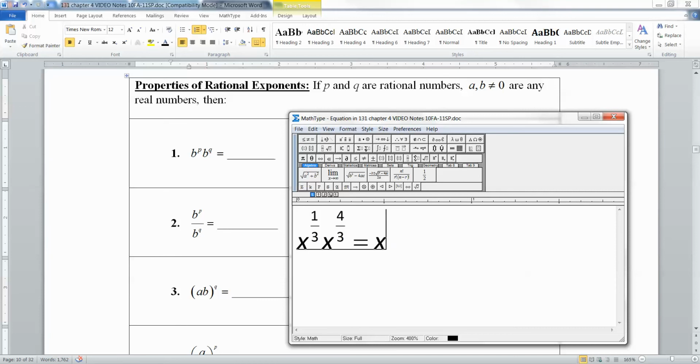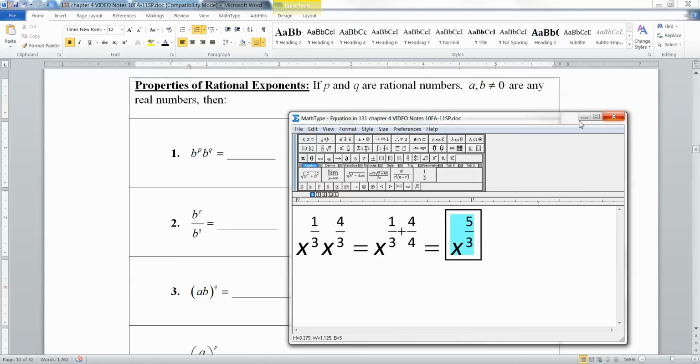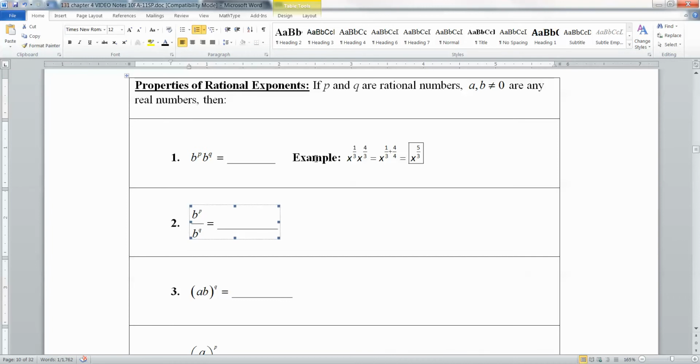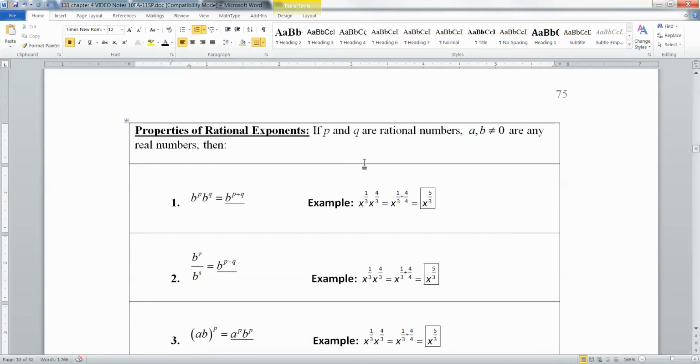That means it's x to the 1/3 plus 4/3, which makes x to the 5/3. See, you can just add them like you would other numbers. Okay, so that's saying that you can add the powers.